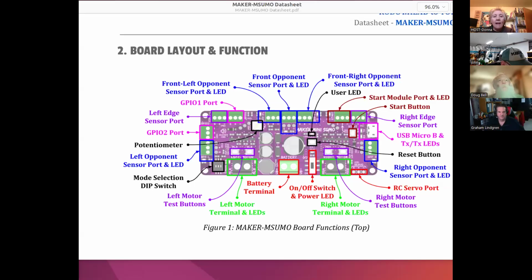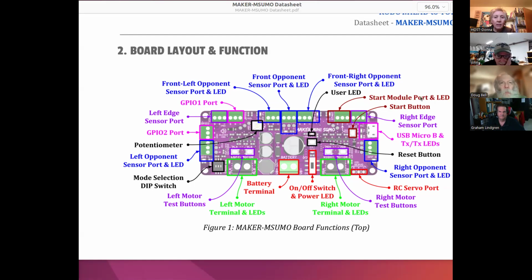Okay, let me try and move this over here and see what happens. Something's getting through, no? There we go. Can you see the whole screen?